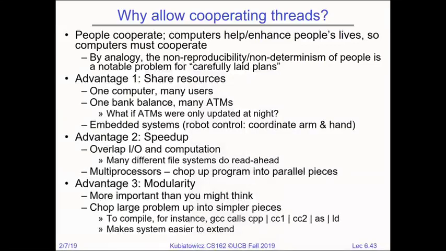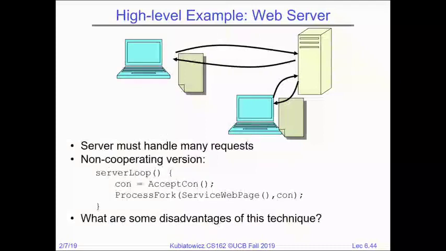After you're afraid of non-deterministic bugs, you should not just throw out threads. Threads are useful. You could imagine a high-level example of the web server we talked about, where you have a server loop which accepts a connection and processes a fork and so on. As a result of no cooperation, the server is really slow, and by having multiple threads we could potentially make it faster.